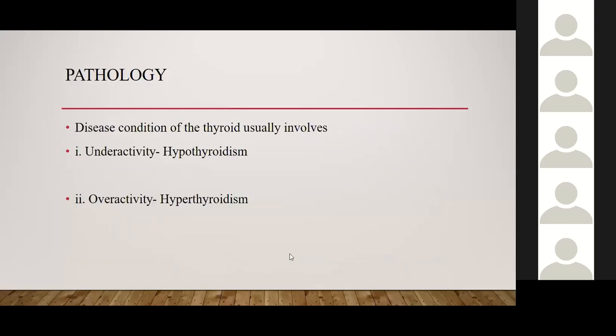In terms of pathology, there are two main types. You can have underactivity of the thyroid gland, meaning the thyroid gland isn't making enough thyroid hormones, what we call hypothyroidism. And we can have overactivity of the thyroid gland, which means the thyroid gland is making excess thyroid hormone, what we call hyperthyroidism.